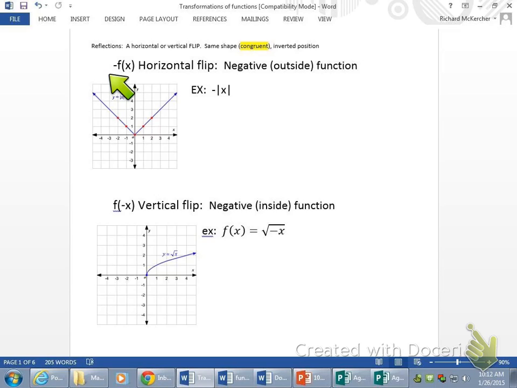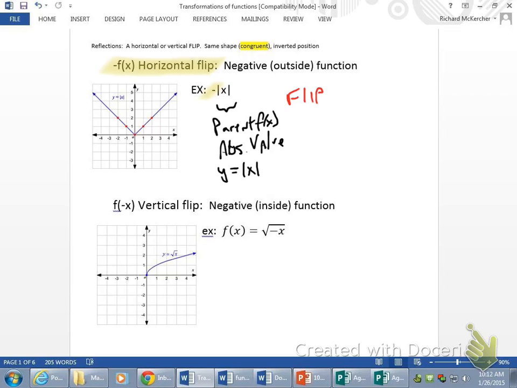All right. Here we're watching what happens when we have a negative on the outside versus a negative on the inside. And again, we used our calculator to see the difference of these, and we graphed them, and we ended up noticing that when you have a negative on the outside, it flips over the x-axis.